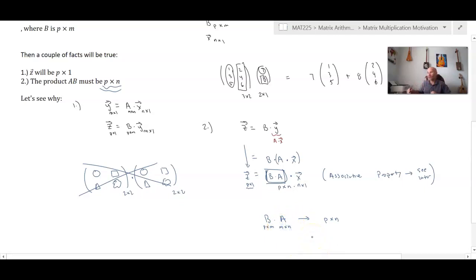And one similarity we notice between matrix multiplication and matrix vector multiplication is this inner dimension right here. As long as those two inner dimensions are the same, the size of the resulting matrix will be the outer dimensions of those two matrices themselves.